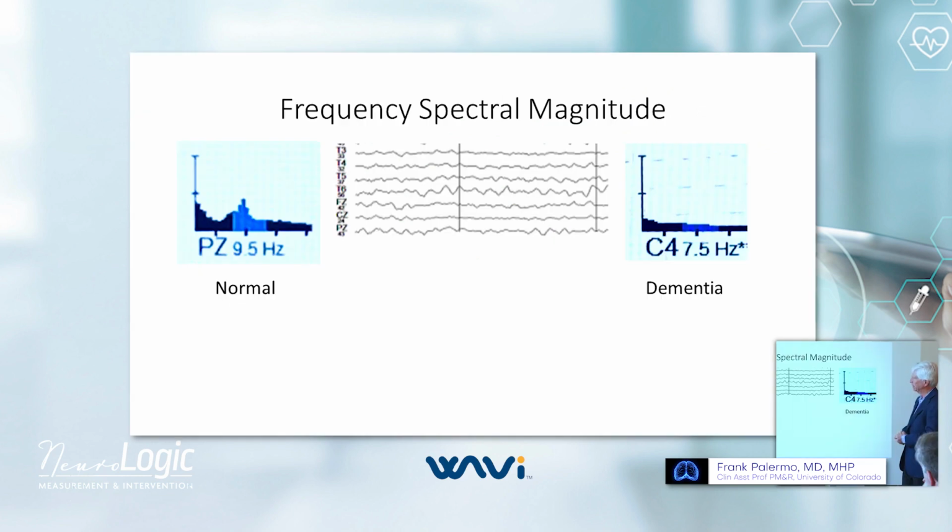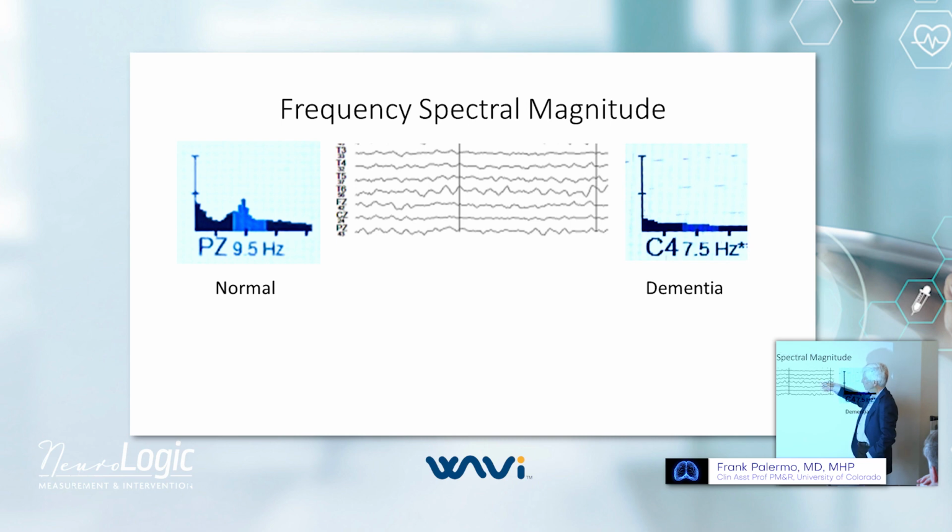Okay. Now, we have the amplitudes that I just showed you on the P300. Did you get that? All right. And then the other thing I look at a lot is this frequency spectral analysis. The frequency is all these little squiggly lines, and this is a 1 second period from here to here, or 2 seconds on the little screen. How many brain waves do we get in a 1 second period?